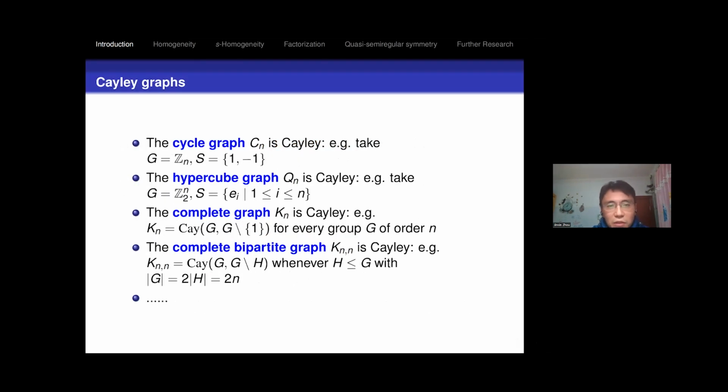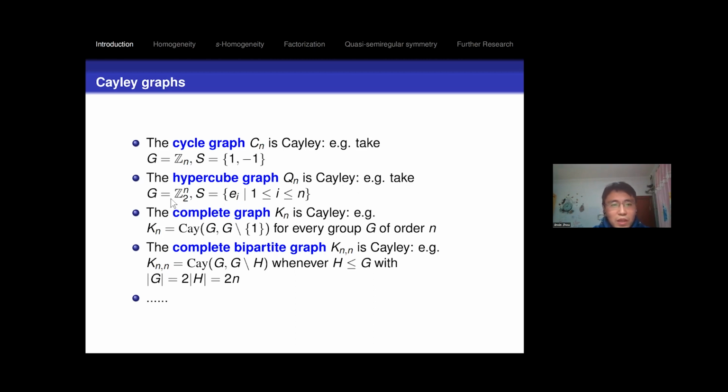And actually, some well-known graphs are Cayley graphs. For example, the circle of length n is a Cayley graph of the cyclic group Z_n with respect to this set. And also the n-dimensional hypercube Q_n is a Cayley graph.